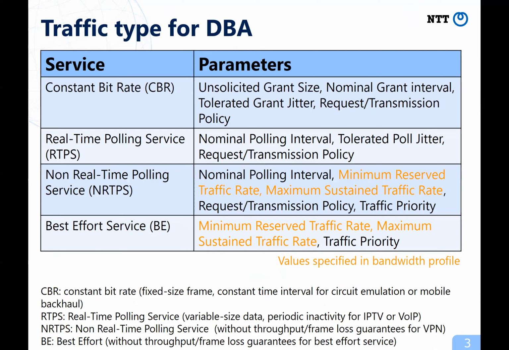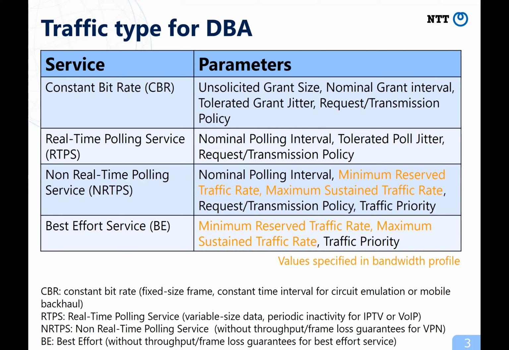Next, to make the DBA, we need some parameters to ensure safety from the IEEE standard. The IEEE standard specifies 4 traffic types for DBA. Constant bit rate, which has a fixed size frame and constant time interval.